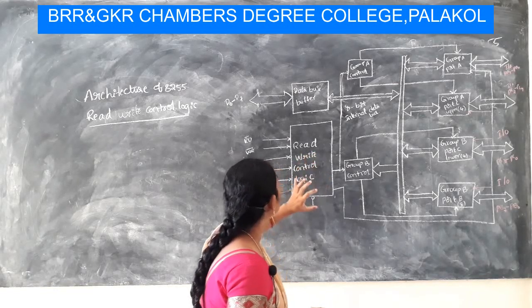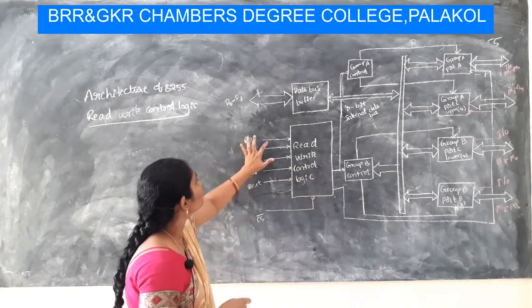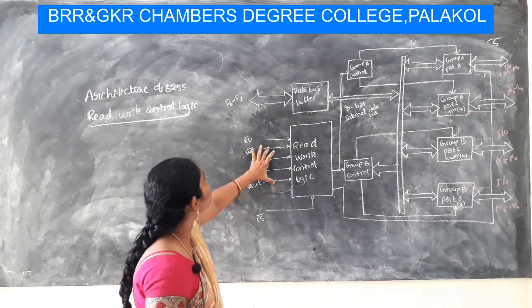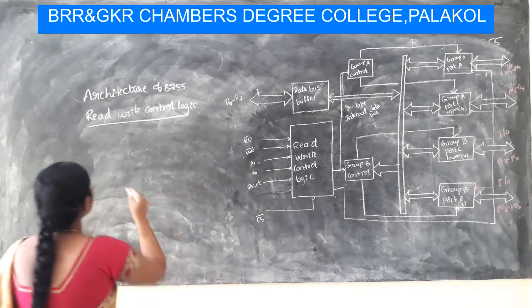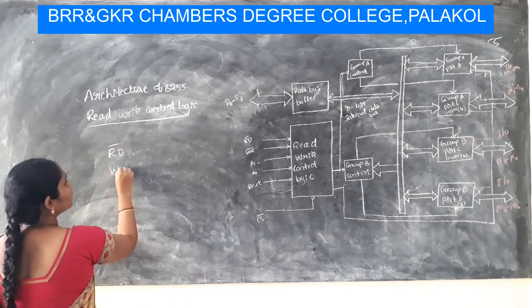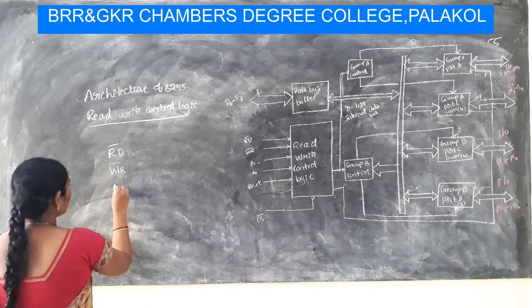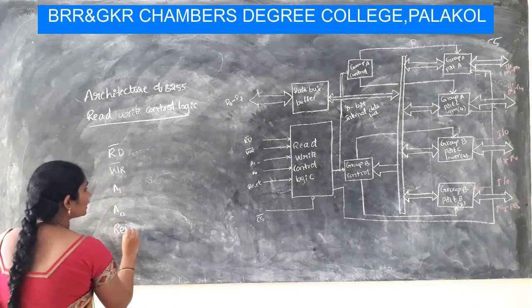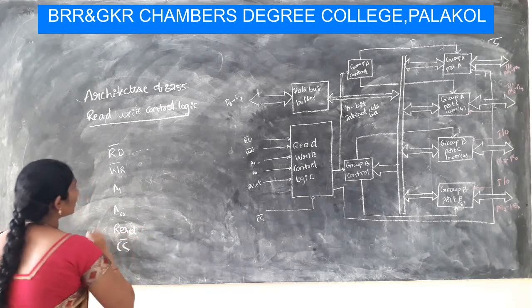This read write control logic has 6 pins. Those pins are read bar, write bar, A1, A0, reset and chip select bar.